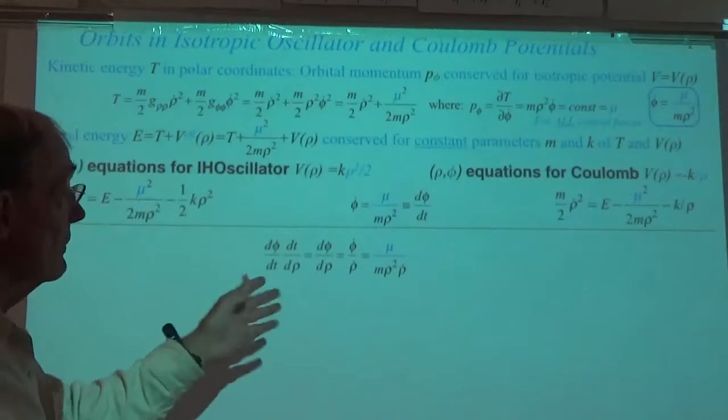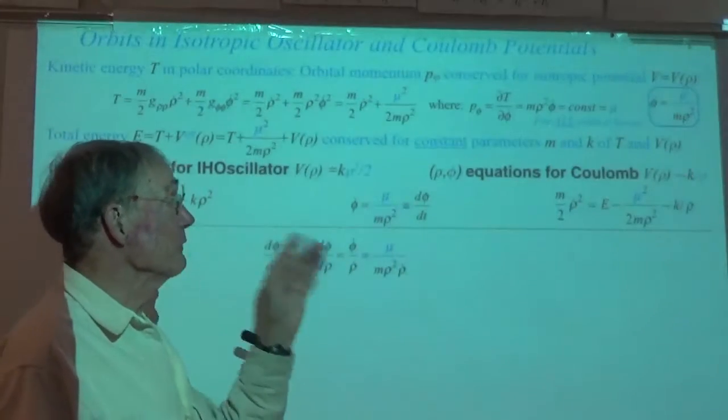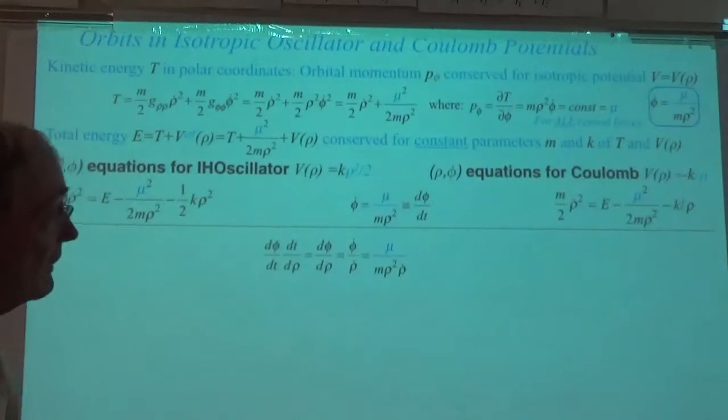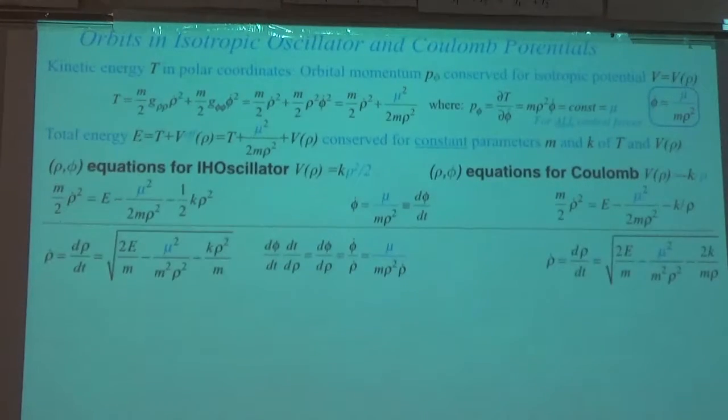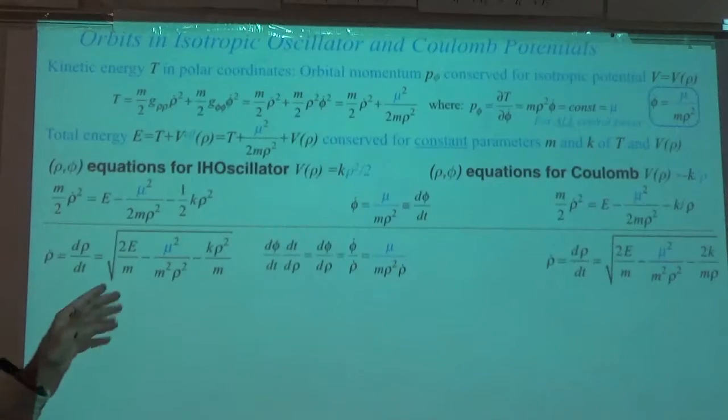And that's true for both of them, because this is just talking about angular momentum here. They're both conserving angular momentum, and they get to do this, regardless of what their radial stuff is. So we have a rho dot equation now that we can solve. It's a differential equation that's going to yield something as a function of time for the radius.